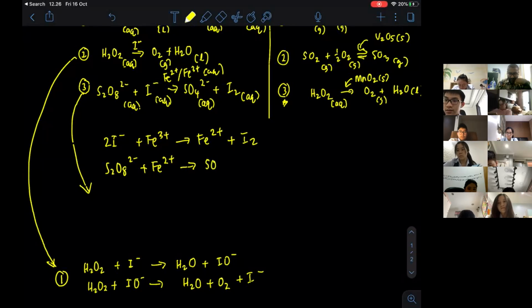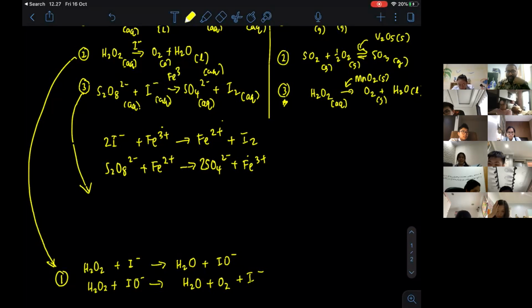Fe3+ and SO4, yeah, correct. SO4 plus Fe3+. So I think if you balance it, you just put 2 there. So you are going to have this reaction. You can see that the Fe3+ is being formed again. If I want to write just 1, it's still okay. I can write Fe3+, that is enough.